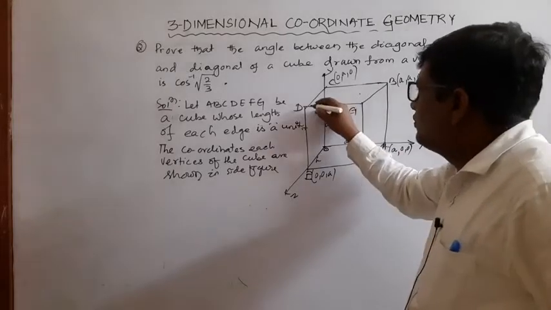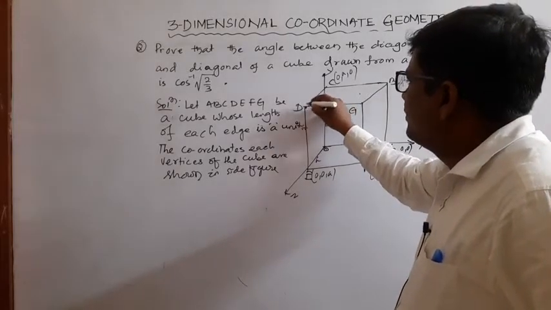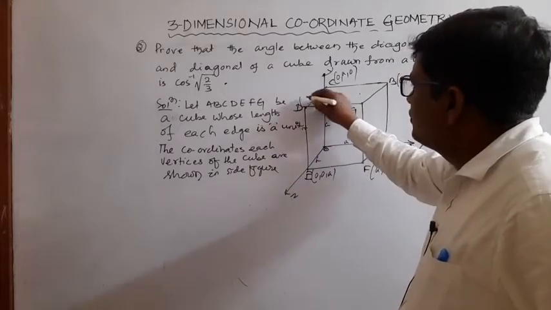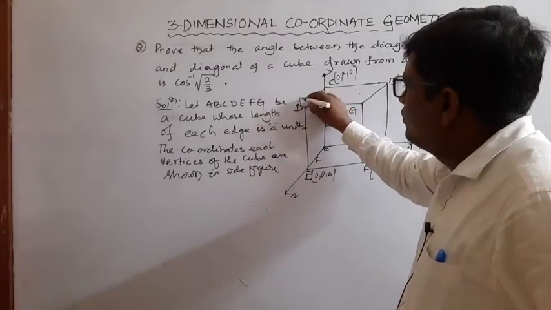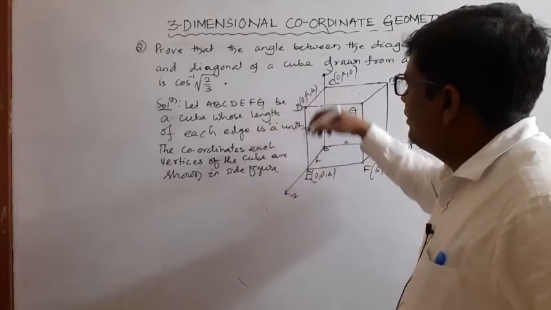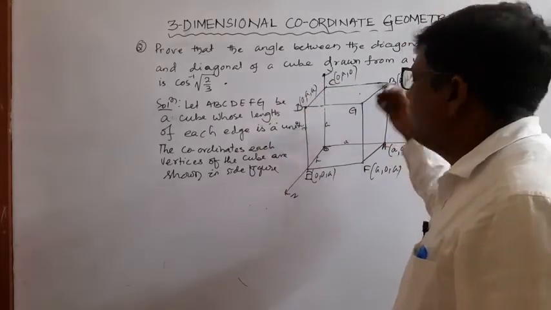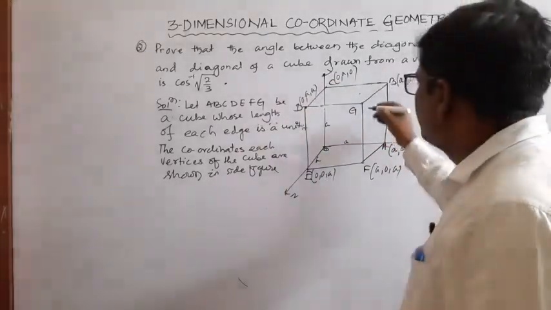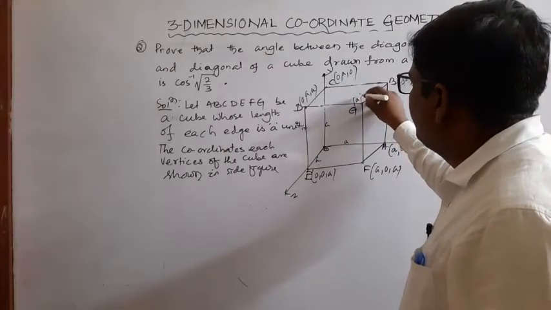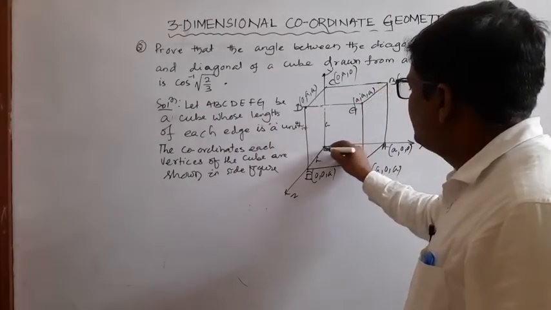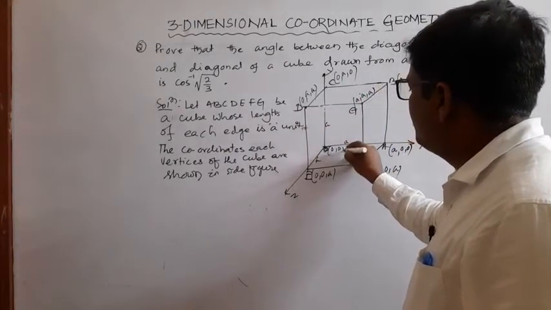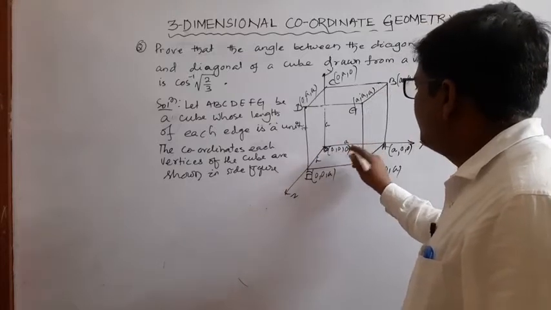D lies on what? The YZ plane, so (0, A, A). G is in space, so (A, A, A), and this is the origin, (0, 0, 0).